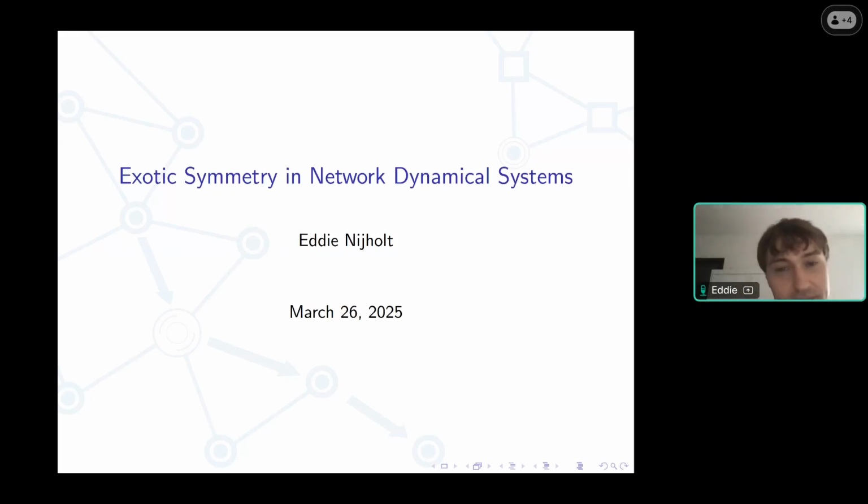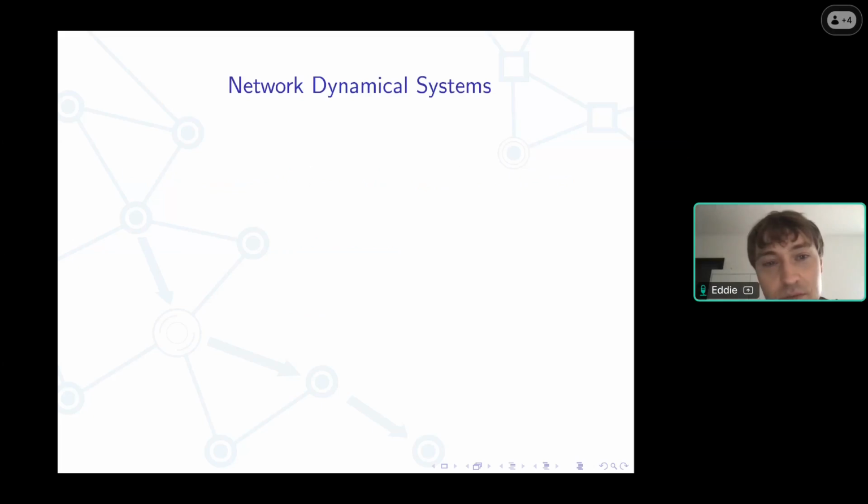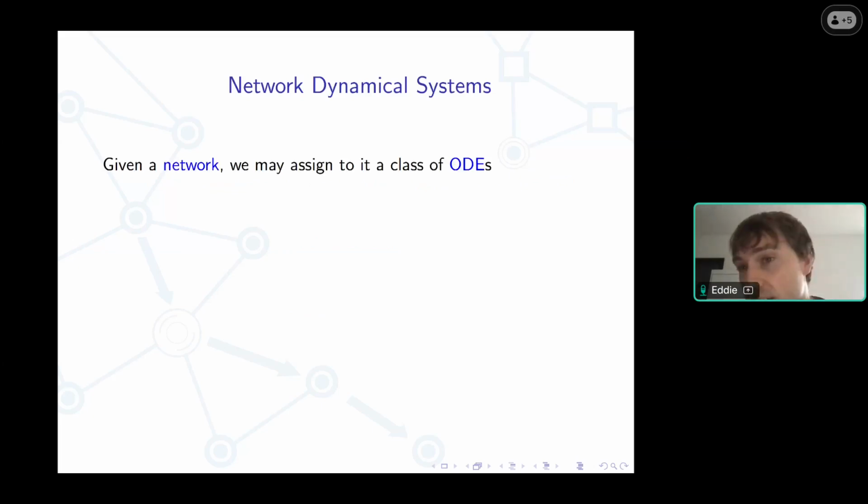So let me start with the part about network dynamical systems. For me, a network dynamical system is really an ODE, or an ordinary differential equation, or a class of ordinary differential equations. A structural class of ordinary differential equations motivated by a given network.